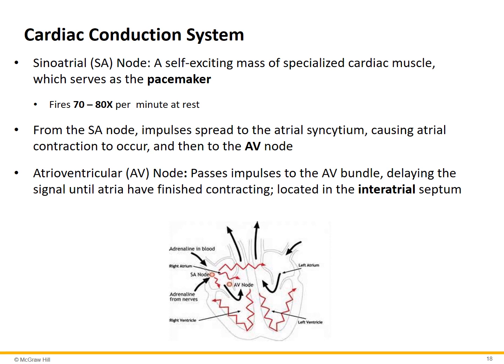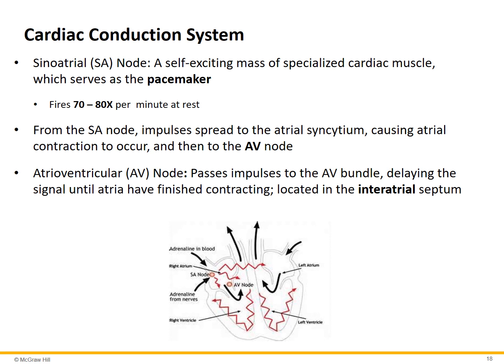This fires the signals to initiate contraction about 70 to 80 times a minute when you're at rest. Obviously, if you're exercising, your heart rate is going to need to elevate, right? From the SA node, the impulse, which you can see as the little zigzag lines on the diagram, spreads to the atrial septum.